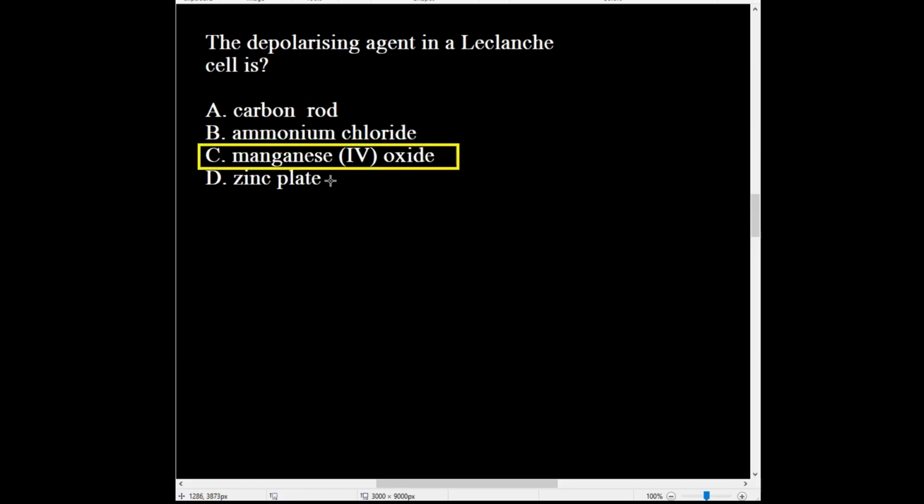Is that clear? So the depolarizing agent in a Leclanche cell is manganese(IV) oxide. What is the molecular formula for manganese(IV) oxide? MnO2. MnO2.